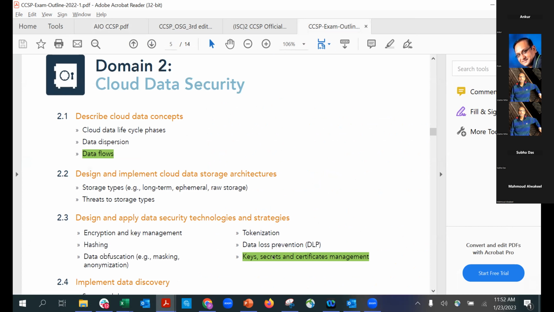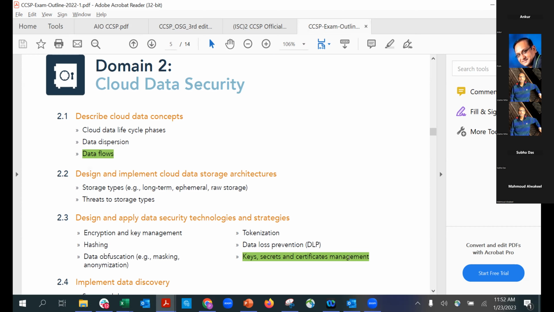I just saw that we spoke about keys, but the green ones which I've highlighted are the new topics which have been added in August 2022. I saw certain new topics like secrets. Data flows is not an issue, because this is data in transit. But keys, secrets, and certificates management will be totally different, because here he started to speak about VPN in detail.